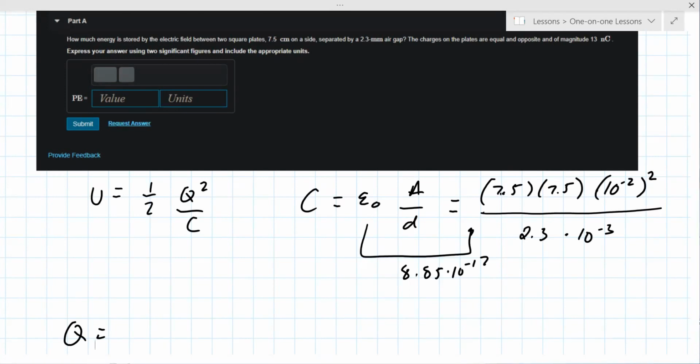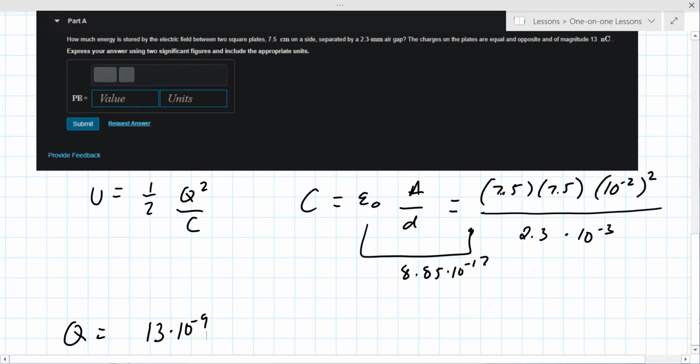So nano is 10 to the minus 6 squared, maybe. Nanocoulombs for Q, but we have to convert nanocoulombs into regular coulombs, which I think is minus 9. So it's 13 times 10 to the minus 9. Because I think nano is minus 9. So we finally have enough here.